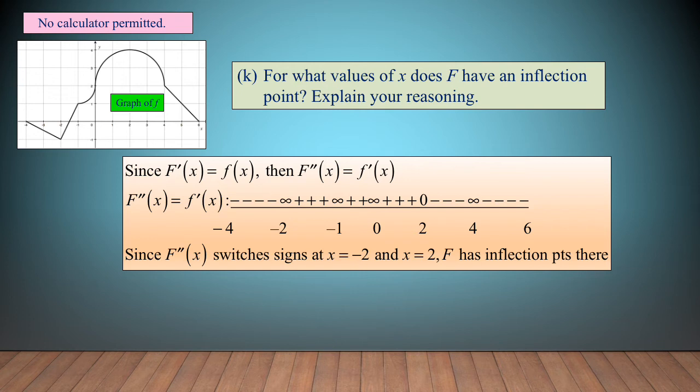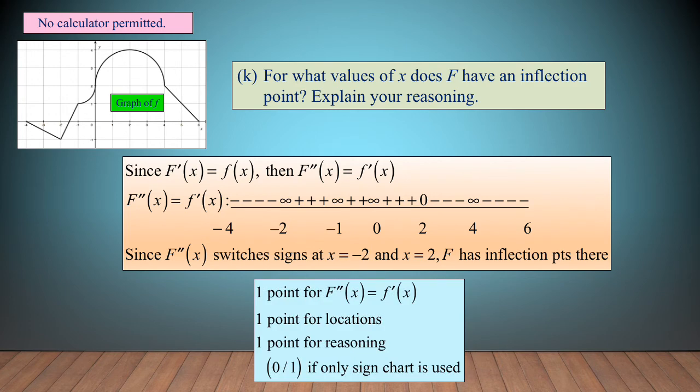Capital F of -2 represents the accumulated area from 0 to -2, and that number exists, which means that there could easily be an inflection point there, even though the second derivative is infinite.